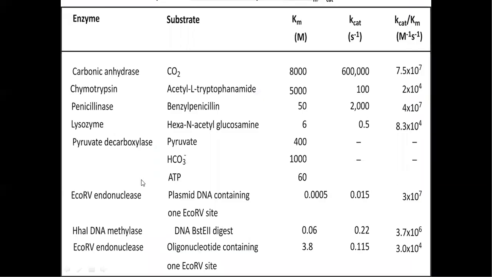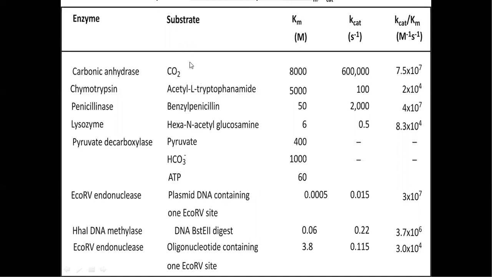And this table is very important. Here we have different enzymes and their Km values and Kcat values. The Km value is the minimum effective concentration required to form a product. For example, carbonic anhydrase is an enzyme which forms a complex with its substrate, carbon dioxide.